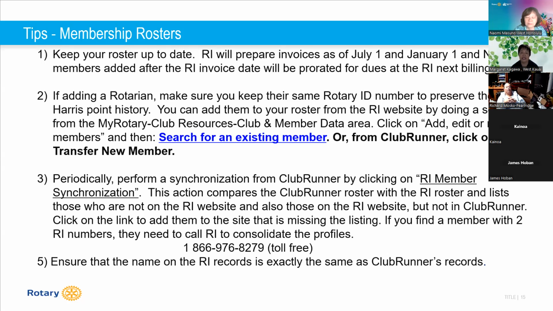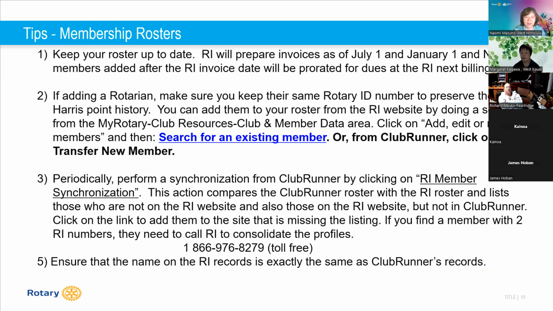So you click on the link to fix it, to add them to the site, whichever one they're missing. On the session for online resources, Club Runner is going to be talking about some of their enhancements, and one is an automatic synchronization. So we'll hear more about that in that other session.